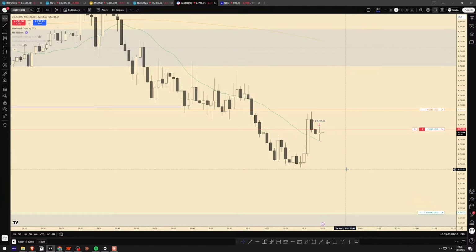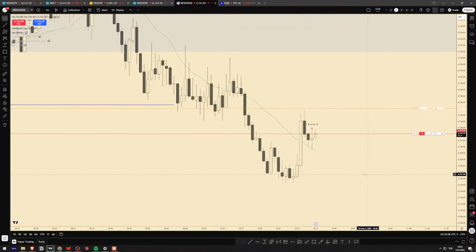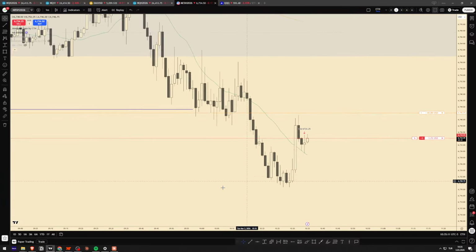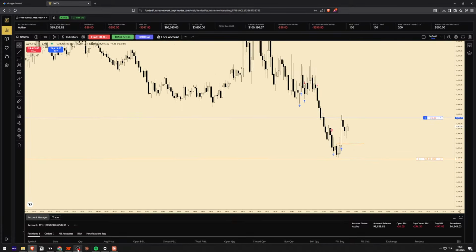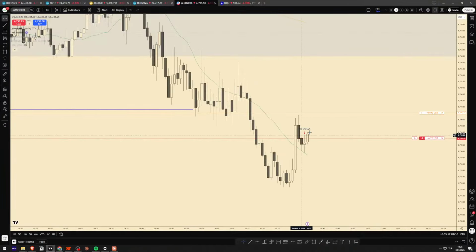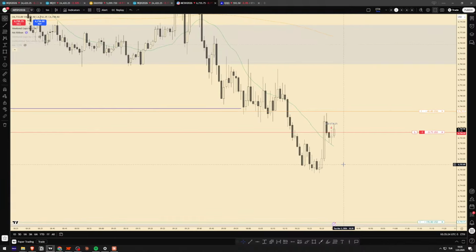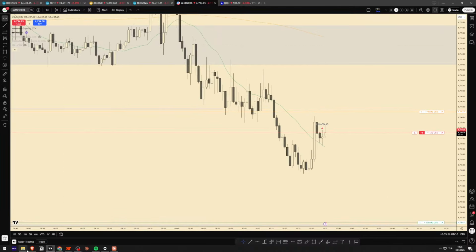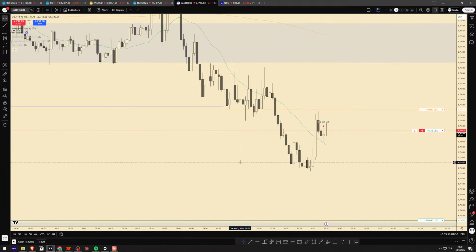I clicked the button and I sat there and I watched what is going on to learn and improve myself. So I didn't take this ES short with my other account because I don't want to be hedging. Hedging is not my thing.